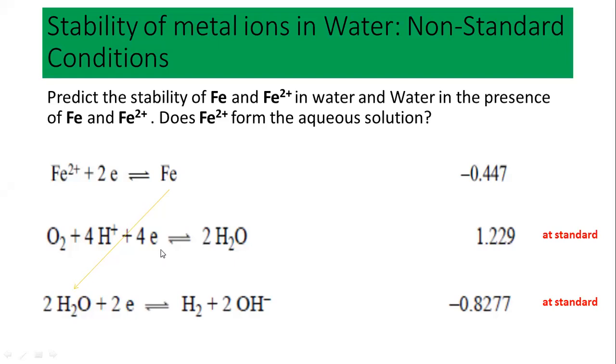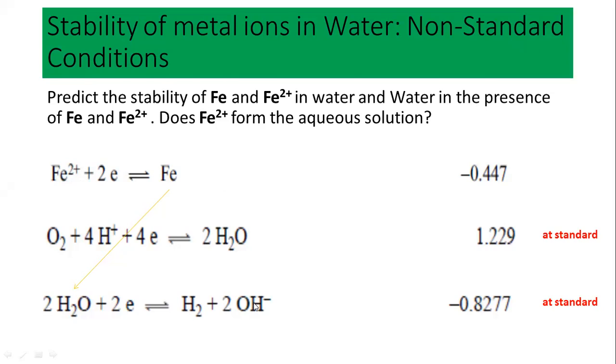So when you are going to take any concentration, that means now we are going to discuss the non-standard condition. Simply, non-standard conditions are when there is no unit concentration of the metal or hydrogen or hydroxyl ion.